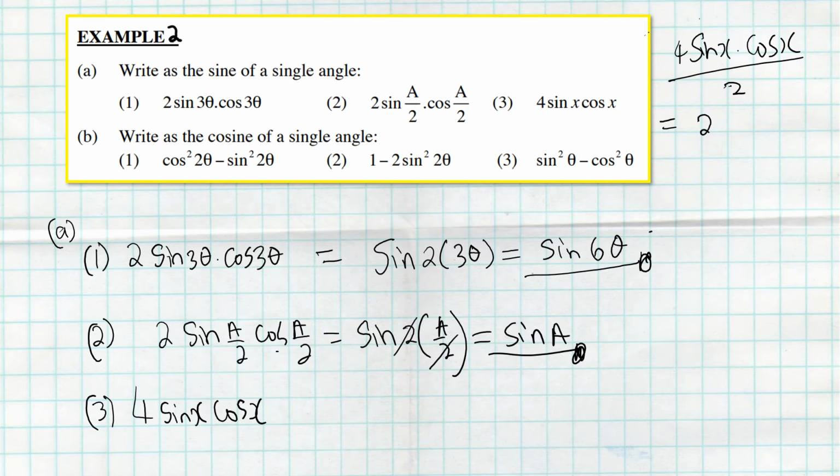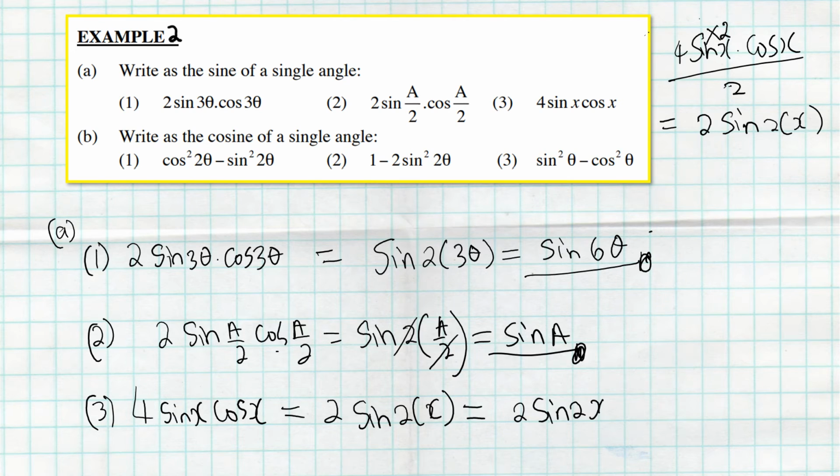You divide by 2, then you double the angle for sine there. You multiply the angle by 2. So it will be 2 into sine 2 into x. So that one will be 2 sine 2x, because we also multiply the angle by 2 there. Then that's it. Can you see?